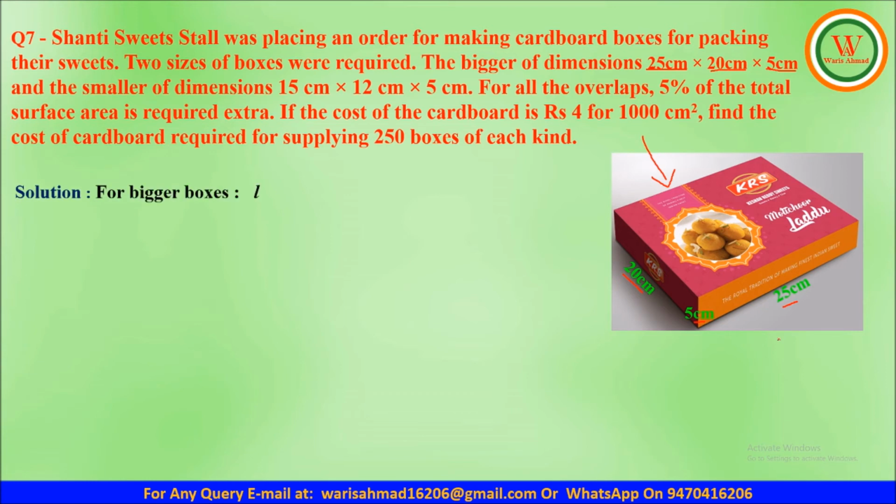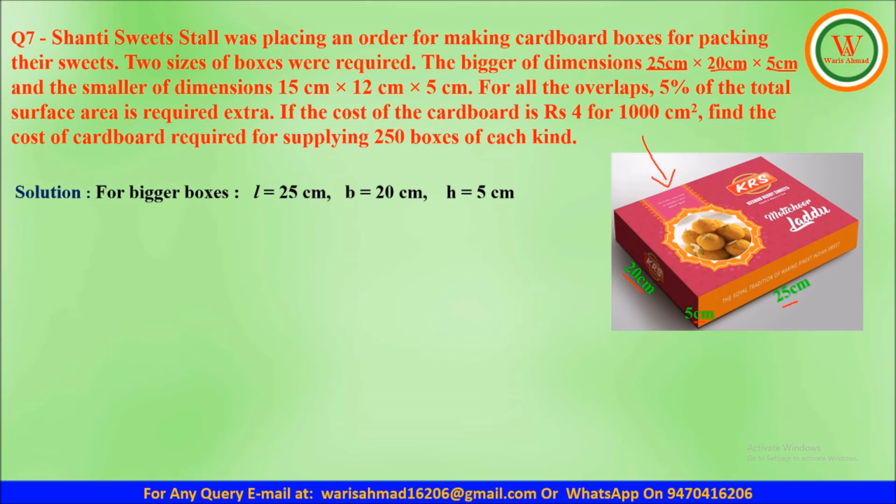So in the solution, first of all, we have to write down the dimension of this box. Here we can write for bigger boxes, length equals to 25 centimeter, breadth equals to 20 centimeter, and height equals to 5 centimeter. Since this is the closed box, hence it contains all the 6 faces or surfaces. So we have to find out the total surface area of this box.